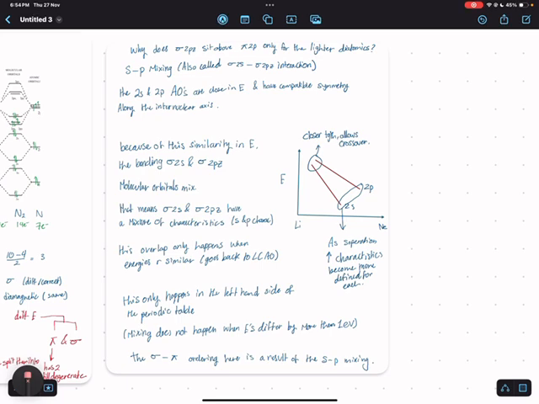When the energy difference is larger than about 1 electron volt, mixing does not occur. So the sigma pi ordering in lighter diatomics is a direct result of SP mixing. Also remember that the 2pz forms sigma bonds, while the 2px and 2py form pi bonds. This is why the sigma 2pz is the orbital involved in the mixing.